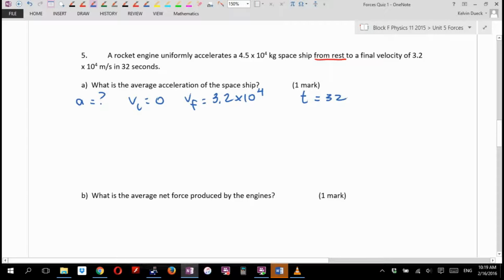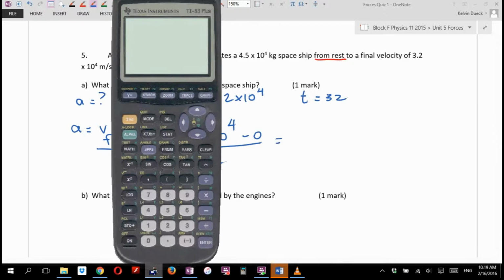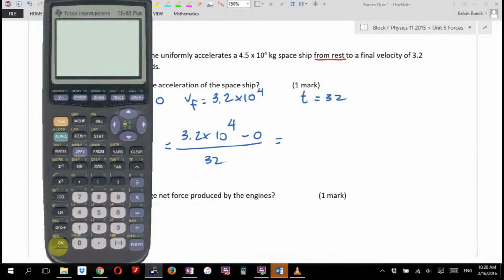Hey, I have an equation that has A, VI, VF, and T. In fact, I'm so good at that one, I might even go straight to the equation. VF drops down like a domino, we minus the VI and divide by the T. That was what we used all the time, yeah? 3.2 times 10 to the 4th minus 0 divided by 32. This is going to work out evenly as well. Well, that's kind of nice of me.